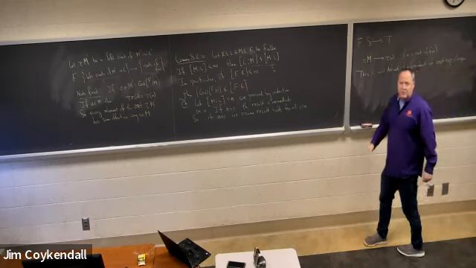Well, if tau naught inverse times tau fixes all of m, then tau naught inverse tau is actually in m prime. And of course, from group theory, we know that tau naught inverse tau in m prime means that the coset tau m prime is equal to the coset tau naught m prime.